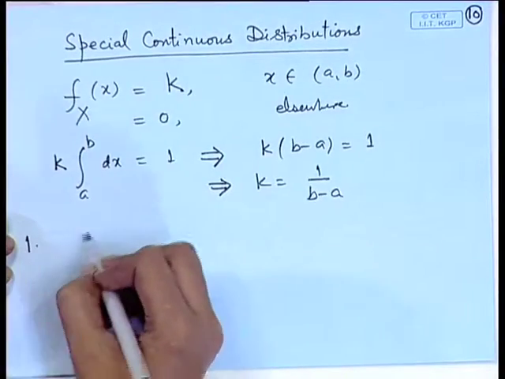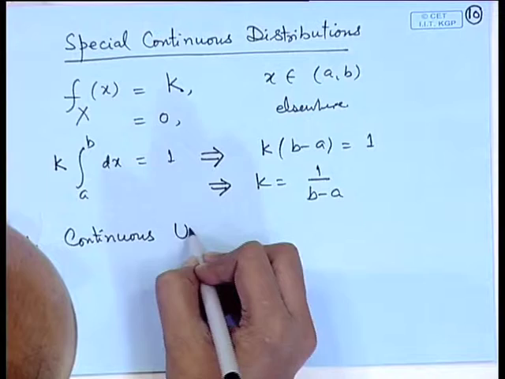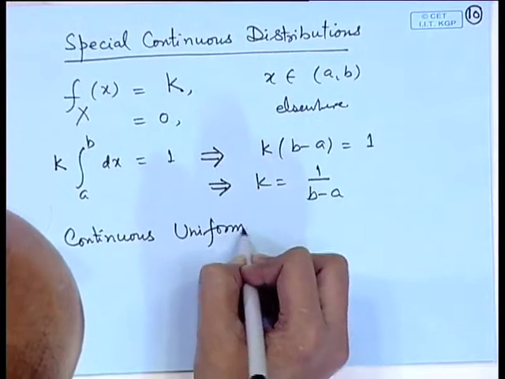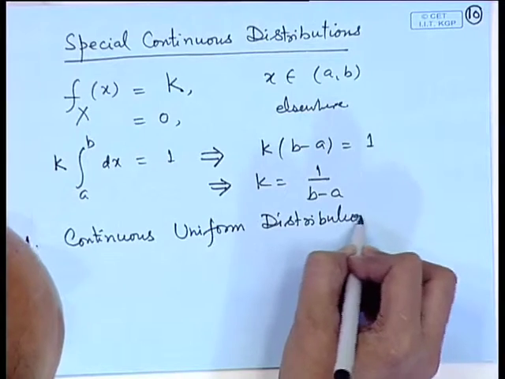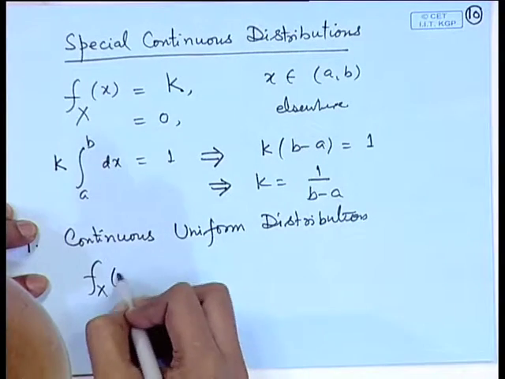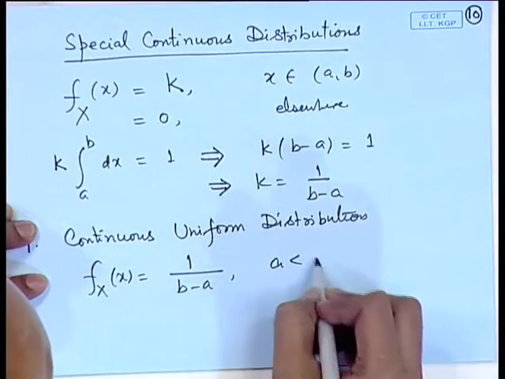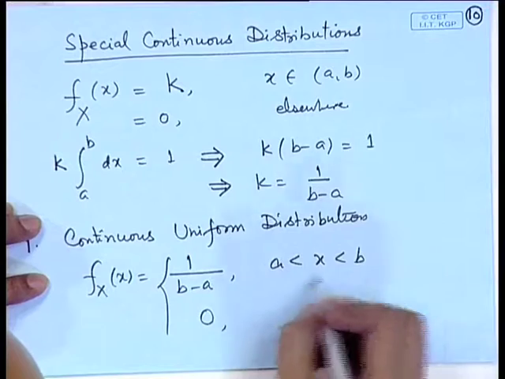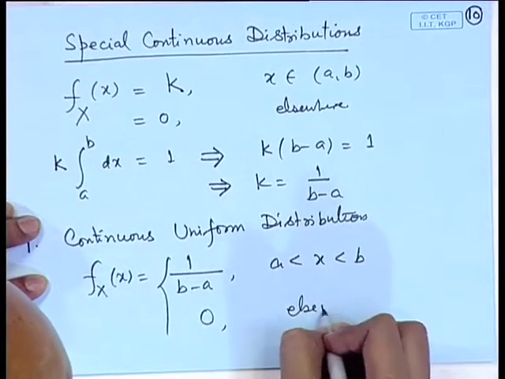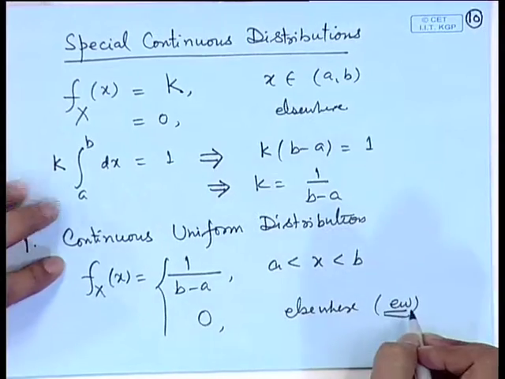So, a continuous uniform distribution has the probability density function given by 1 by b minus a for a less than x less than b, 0 for x lying outside this. We will use the notation EW for writing elsewhere.